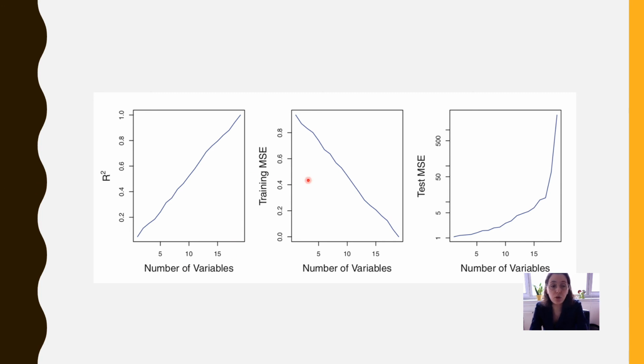We have similar comments for this graph. If you solely look at training MSE, you will see that when you add predictors to your model, your training MSE gets lower and lower with each variable.